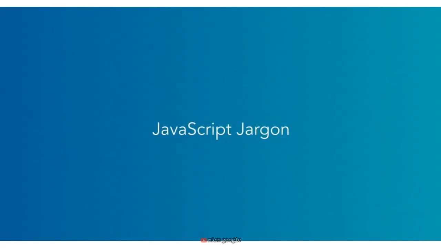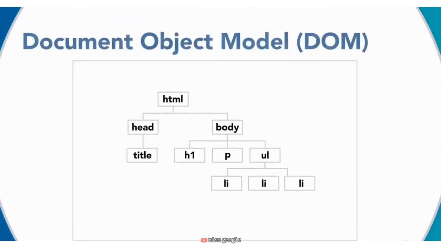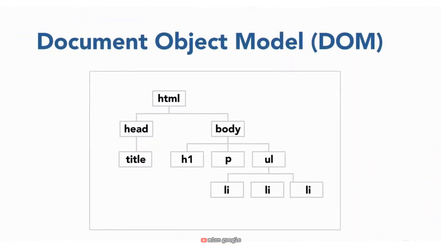There is a lot of jargon in JavaScript when you're talking about just pure JavaScript, not necessarily related to a web browser. But when you start working with JavaScript in the most common context, on the web, there's an additional layer of jargon called the Document Object Model, or DOM. The DOM is your way of accessing the outline of a page. All the elements that you've written out in your HTML are collected up in the browser and laid out visually and programmatically.